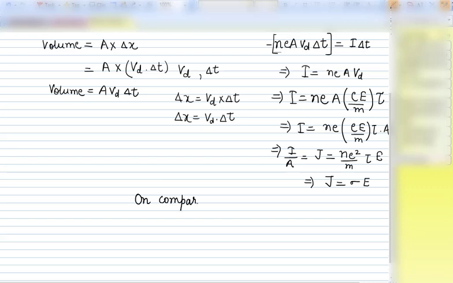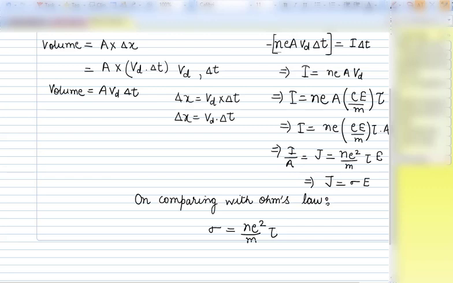So in comparing with Ohm's law, we have the conductivity sigma as n e square upon m into tau.